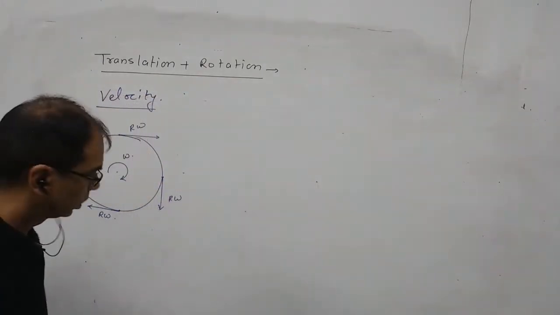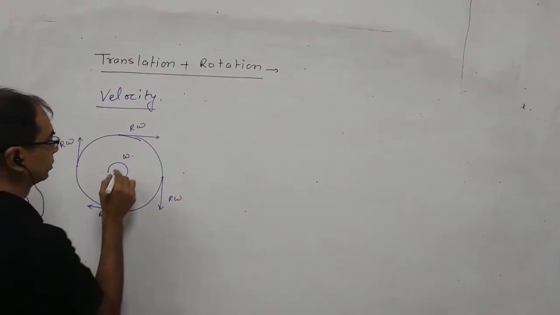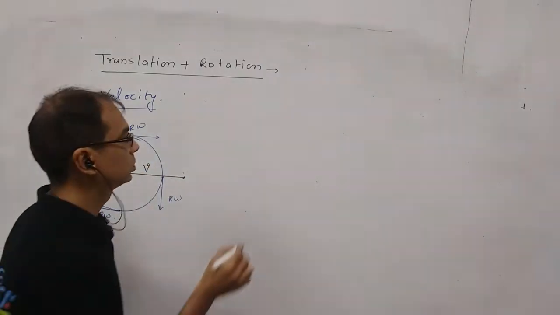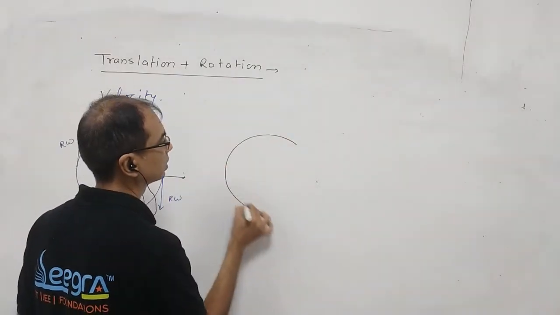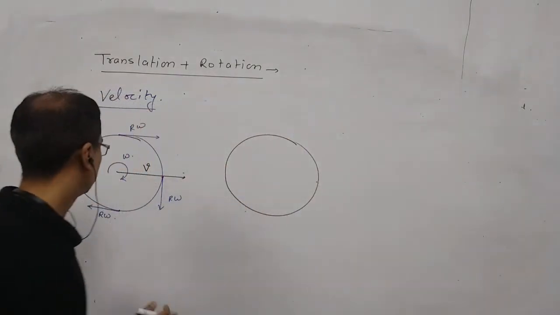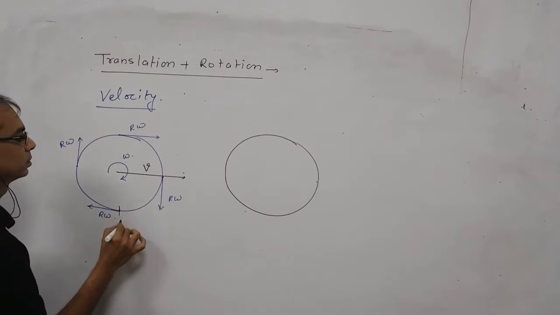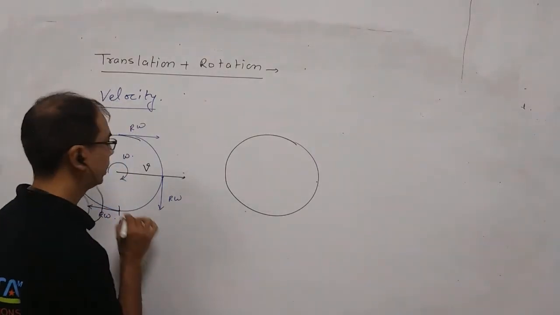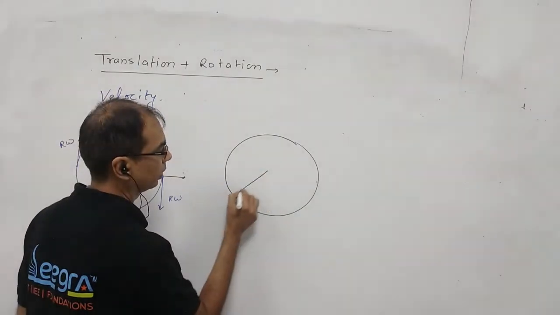Now, in this one both the things are there. Velocity of the particle after time t. So first of all let's decide which particle we are going to choose. Let's say this point A, its velocity after time t. So what we know, this particle may have reached at this point.